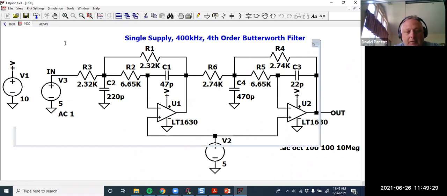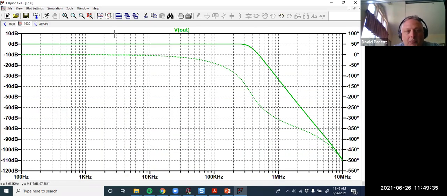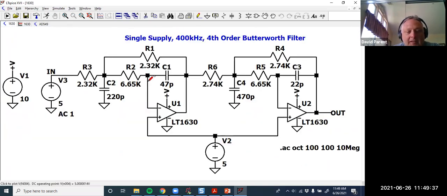You run it and you get your classic Bode plot. What you don't know is that it runs a DC analysis first. Notice I have these 5 volts and 5 volts and 10 volts, and it calculates everything at that one DC point.